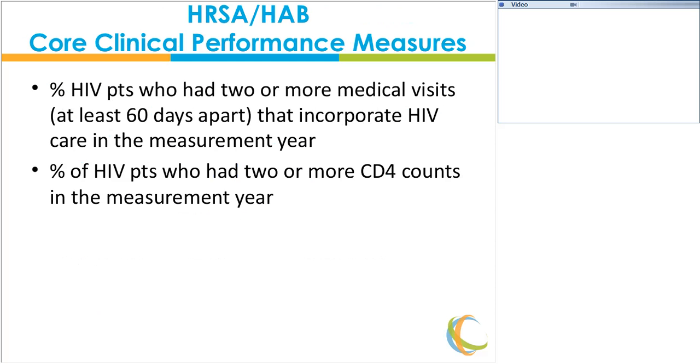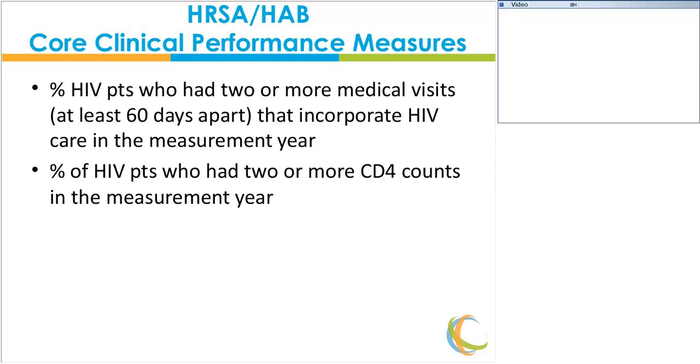I just wanted to mention in this slide that HRSA and HAB put a great deal of stock into retention and maintaining individuals in care. So when they look at how well we keep patients in care and take good care of them, 2 of their core indicators are related to retention in care and appropriate management and monitoring of their CD4 cell count and disease progression.